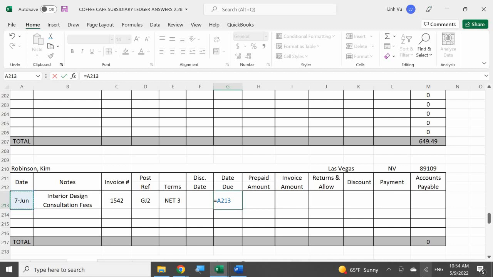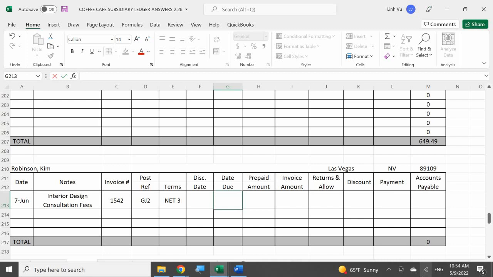If I receive the bill on the 7th and Kim says you have 3 days to pay me, what date am I going to make a payment to her by? June 10. So that's correct. Now, how do I use Excel to calculate that for me so I don't have to use my fingers or pop up a calendar?